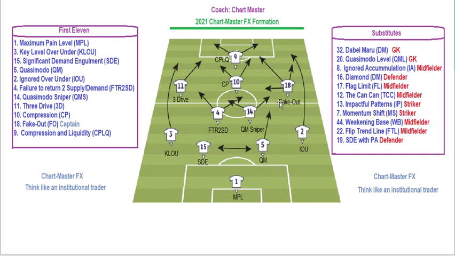So when the Quasimodo is formulated, most of the time, maybe sometimes there's a fake out that okay, you take that trade. Sometimes there's a compression that okay, you take that trade. Sometimes there's a 3 drive, or sometimes it's a combination of a fake out and a 3 drive, or it's a combination of a fake out with compression. You see, that's why I want you to understand all these guys. You need to understand the strikers, guys. You need to know them very, very well.